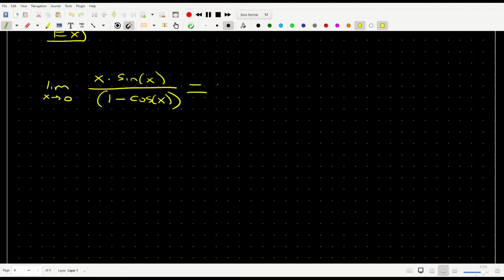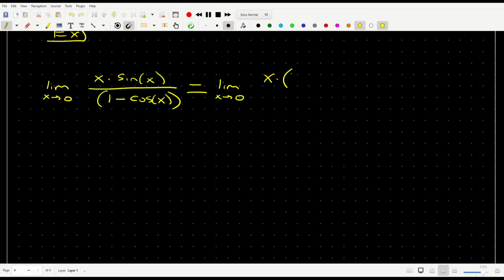So this is going to be the same thing as the limit as x goes to 0 of x times the Taylor series expansion for the sine function, which I will just write out term by term here to make things look a little bit easier. You can use the summation formula as well, but I'm going to do this in terms of the non-explicit formula.